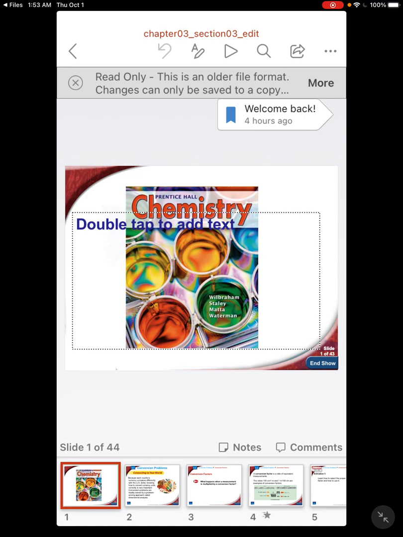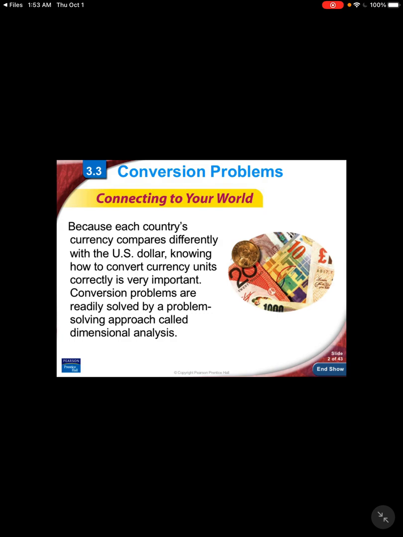So I am going to start this discussion by saying that conversion problems are nothing new. The example your book and the notes give is, of course, if you're an international traveler and you go to different places, perhaps some of you, I know at least one of my students from last year, spent the summer in Mexico.